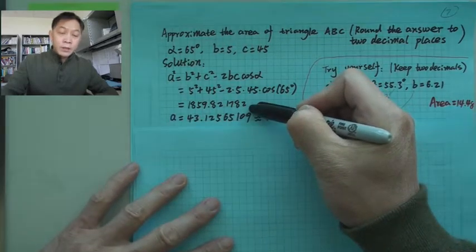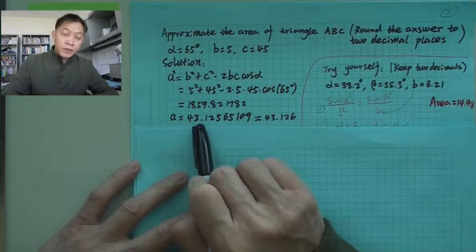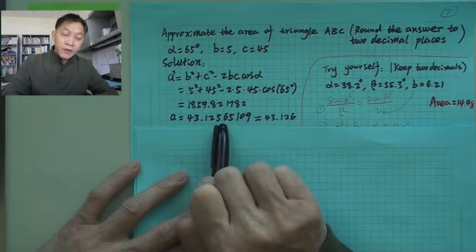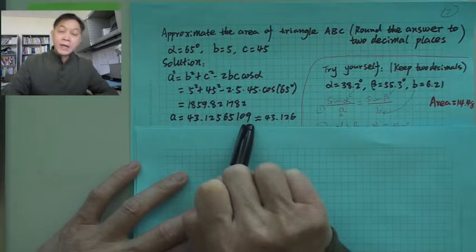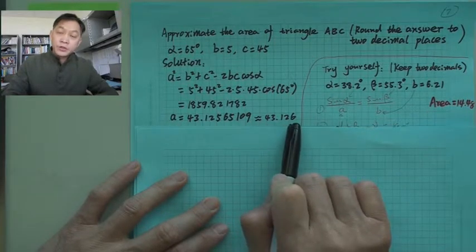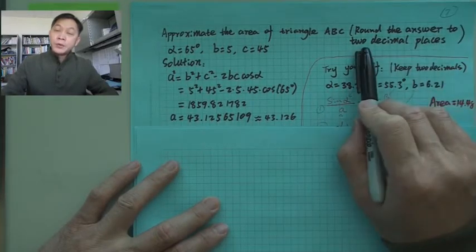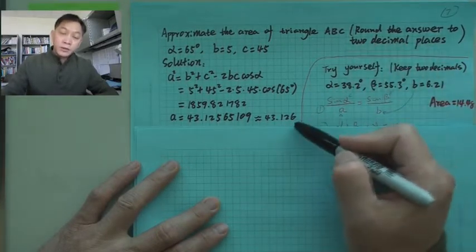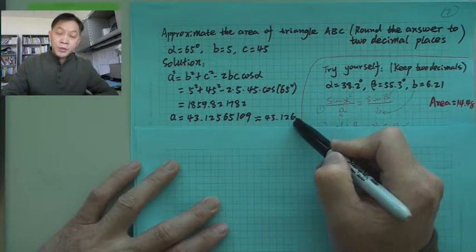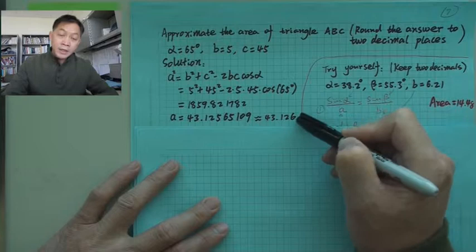Now, you want A, you don't want A squared. A is 43.12565109, approximately 43.126. You need to keep at least 3 decimal places during the middle steps, otherwise your answer may not be right.